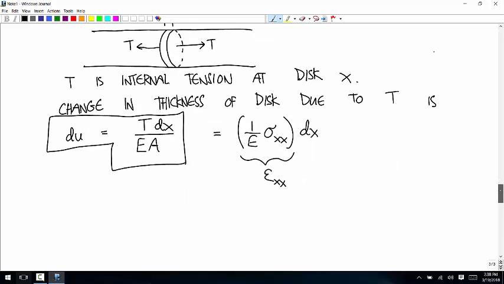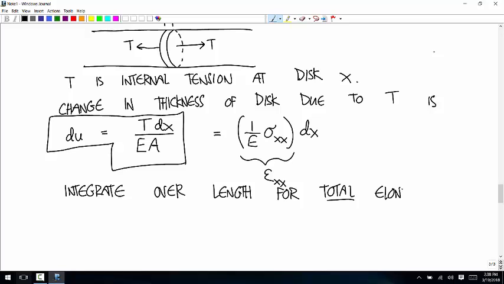So then the total change in length we're going to get from integrating. The total elongation U is equal to the integral from 0 to L of T over EA dx.